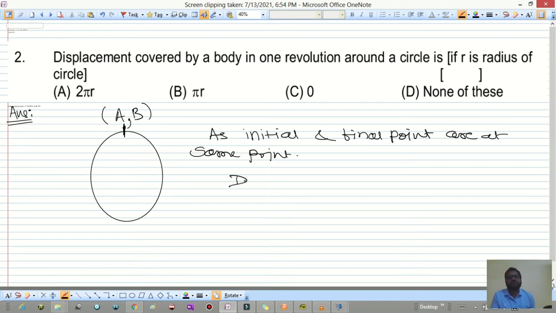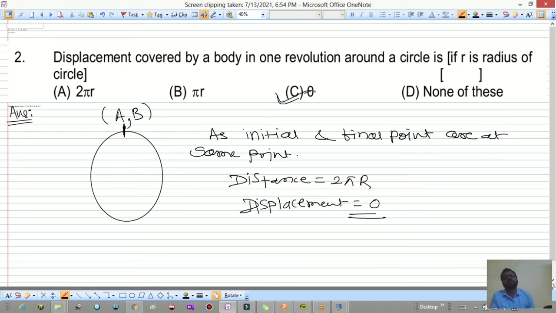Distance is equal to 2 pi r. But what about the displacement? Displacement is the shortest distance between the 2 points. It is 0. So the answer for this is 0. They want displacement, that's why it is 0.